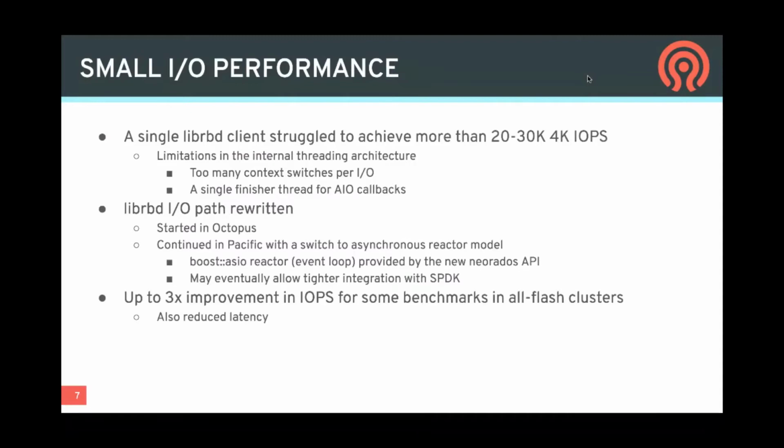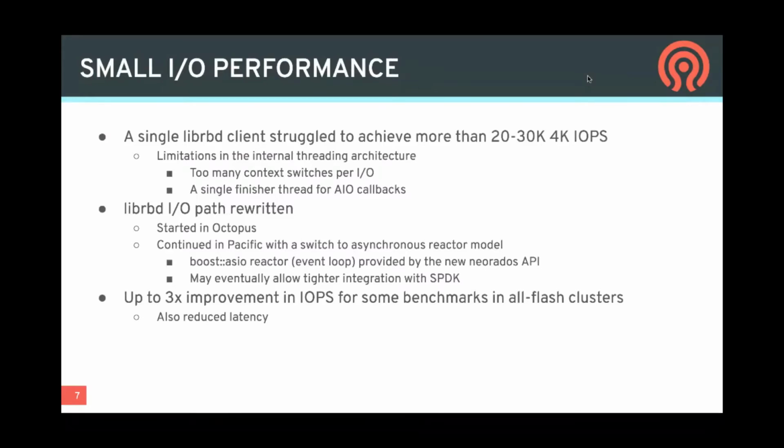Next up are two performance items. The first one is a vast improvement in small I/O performance, thanks to work that started in Octopus and was completed in PACIFIC. A single librbd client often topped out somewhere between 20 and 30,000 4 kilobyte IOPS, mainly due to issues with the internal threading architecture.